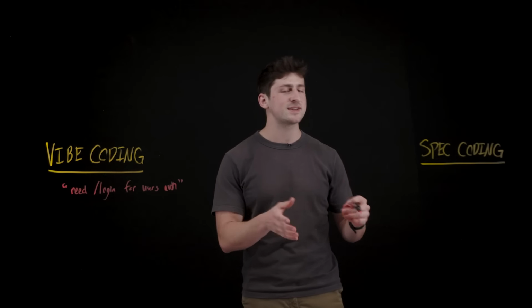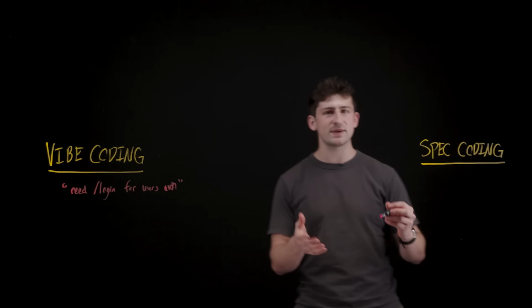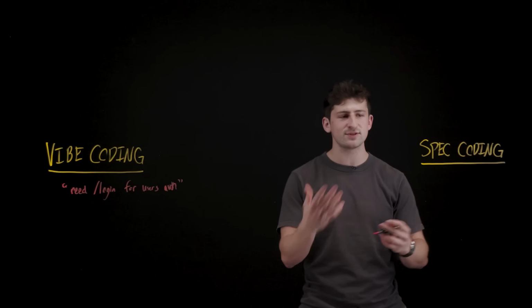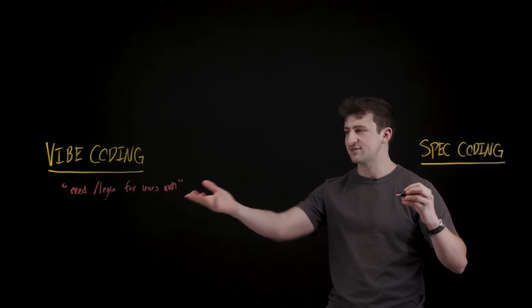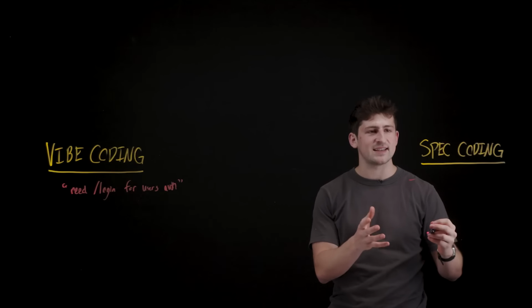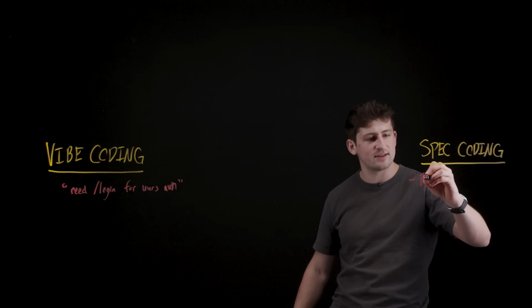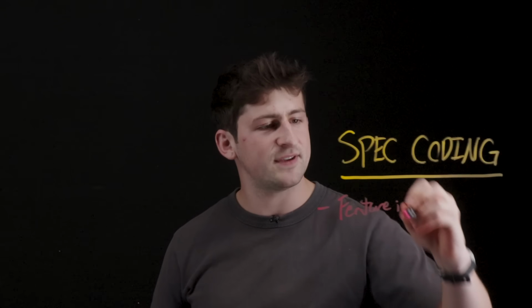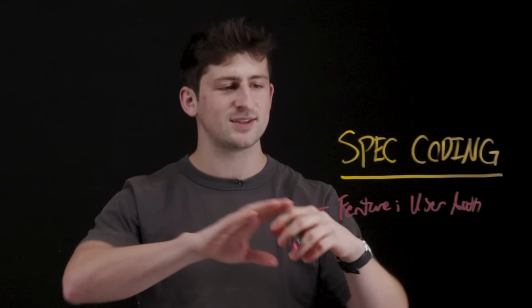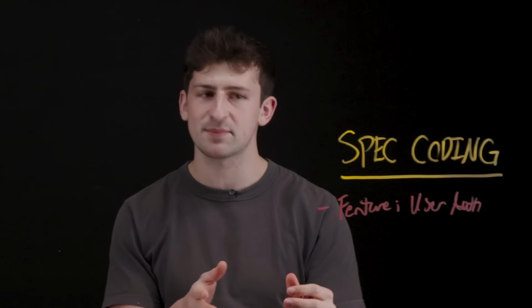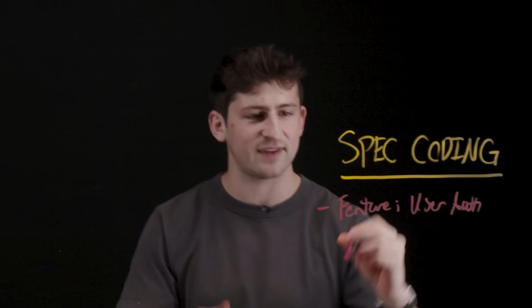The spec-driven development approach is a little bit different, but of course still using the LLM to create the requirements for this feature. In this case, we're going to have a new feature, and this feature is going to be user authentication. This is a new feature that we want the LLM to build out. Of course, we haven't started implementing yet. This is just the planning phase.